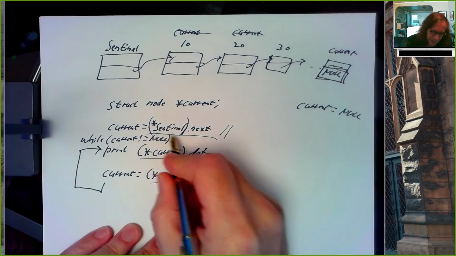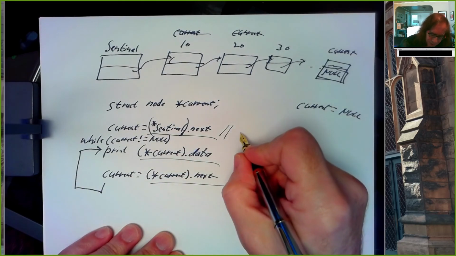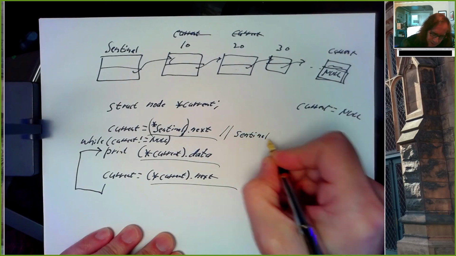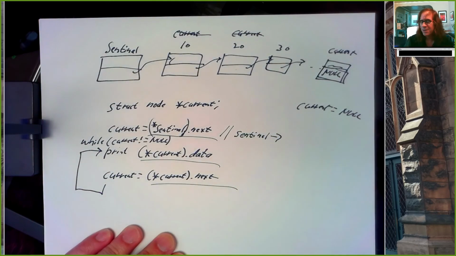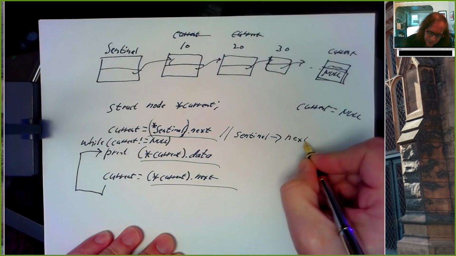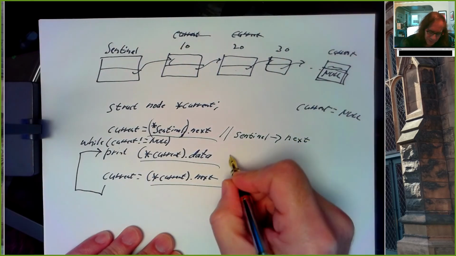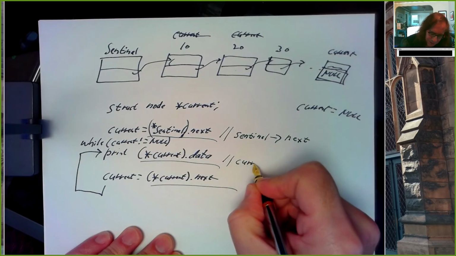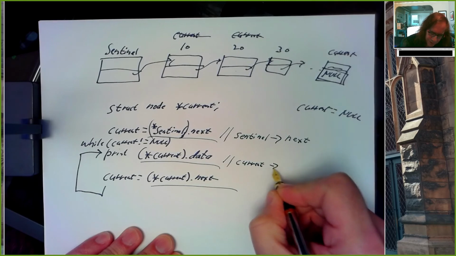So in this case, instead of star sentinel dot next, we can do the following: sentinel, and then an arrow, a minus sign followed by a greater than sign, and then the name of the field. Instead of star current dot data, we can say current arrow data.